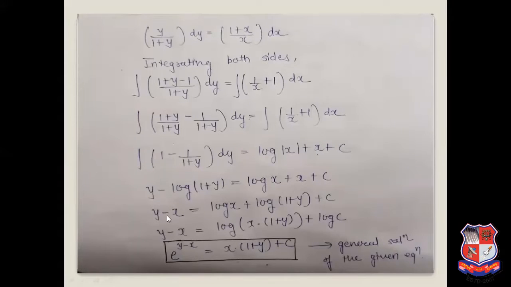So we can write y minus x equals log x plus log(1 plus y) plus c. Here we apply the logarithm property and write y minus x equals log of x into (1 plus y), and here we consider the constant as log c. So we get the answer e raised to (y minus x) equals c x into (1 plus y), which is our required general solution of the given equation.